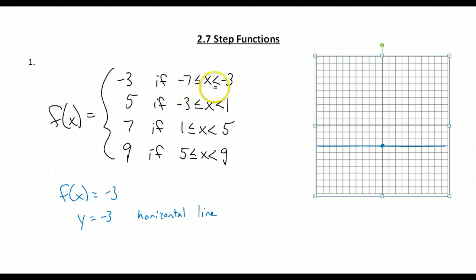Now these if statements tell me which x values I want to use for this line. I want all the x values where x is greater than or equal to -7, but less than -3. So I'm going to go in the x direction, -7.